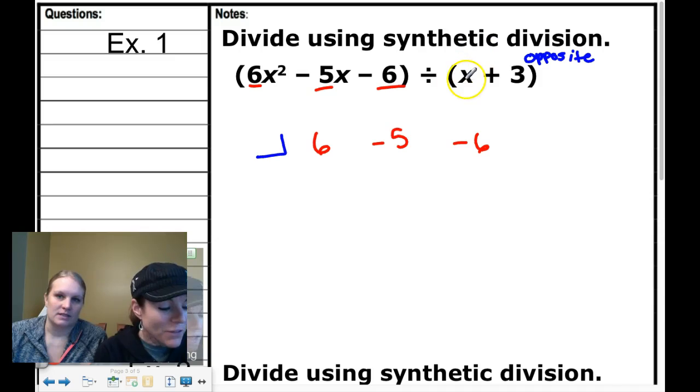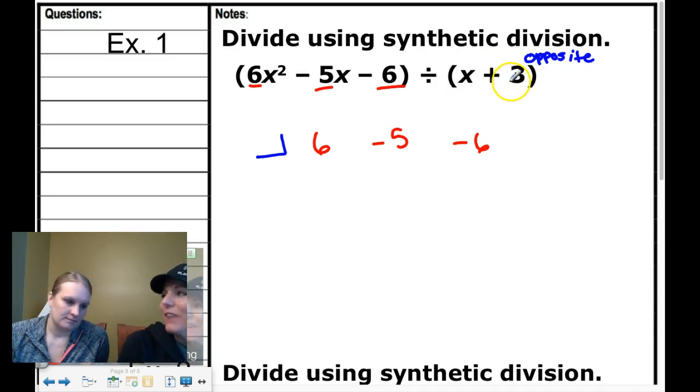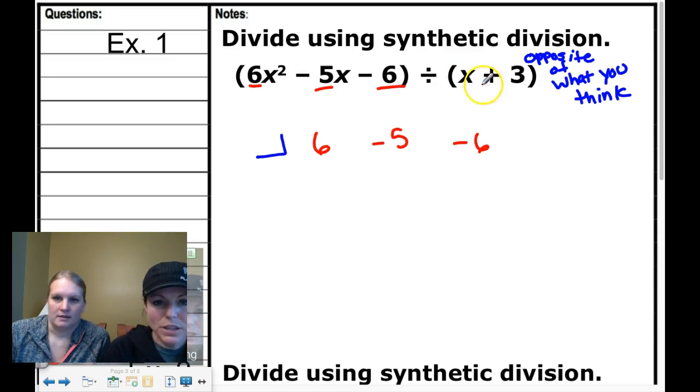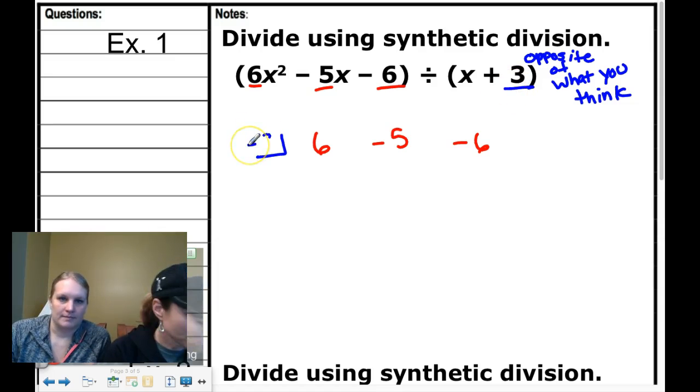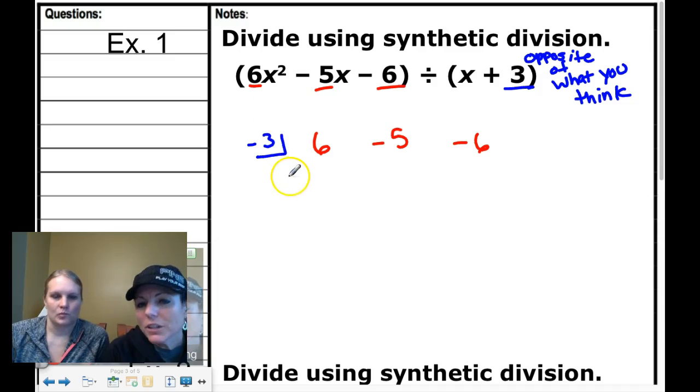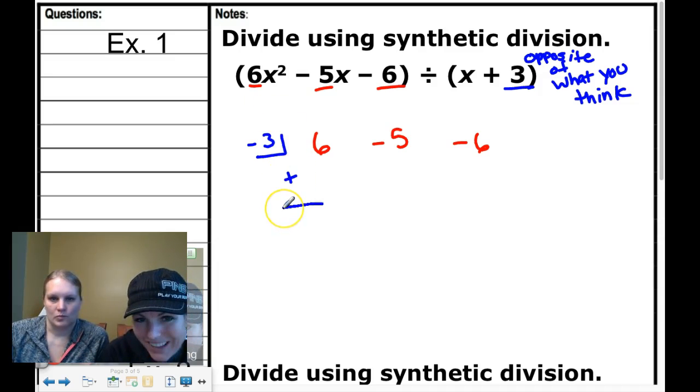If the divisor is x plus a, you're going to use negative a. Remember, opposite of what you think when it's in the parentheses. So our divisor here is going to be -3. That's what goes in the upside down division sign. Now what you're going to do is leave a little space and draw a line.